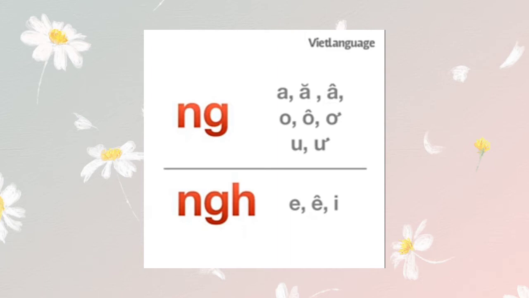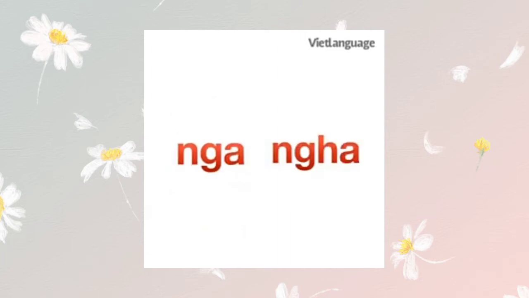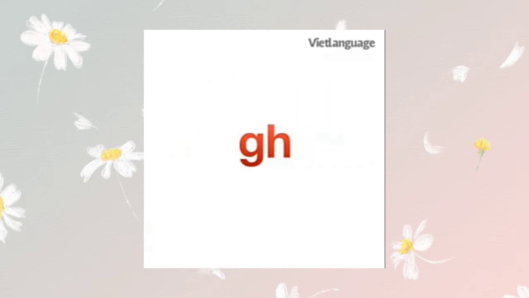Okay, so if you hear the word nghe, nghe, which way is the correct way to write it? Yes, it is ngh with an H. Okay, nghe. And next we have the consonant cluster g, g.